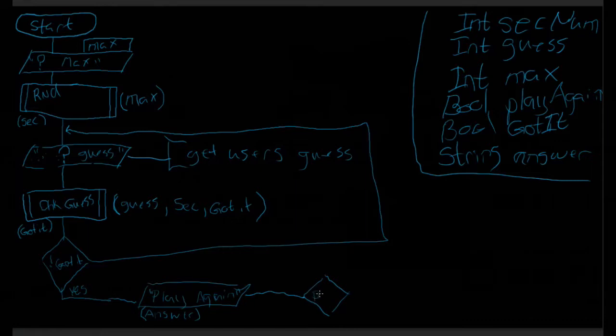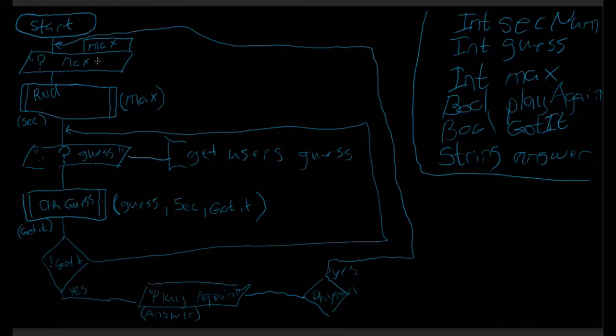So we'll say PLAYAGAIN. If it's yes, then this loop is going to go all the way back up to basically the start, right here, because we want to have them input a new max number. If it's no, then we're going to go ahead and end the program.